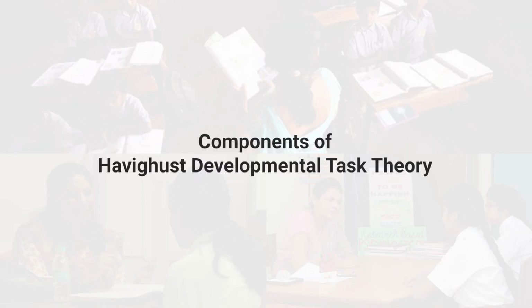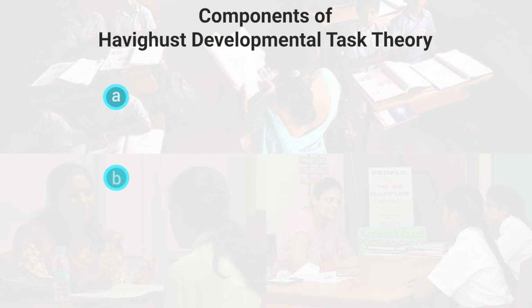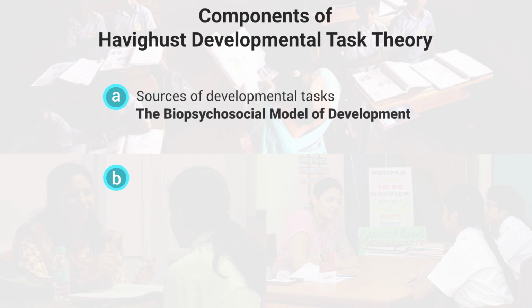Now let us look into the components of Havighurst developmental task theory. Havighurst developmental task theory consists of 2 major components. The first is the sources of developmental task, which is otherwise called the biopsychosocial model of development.